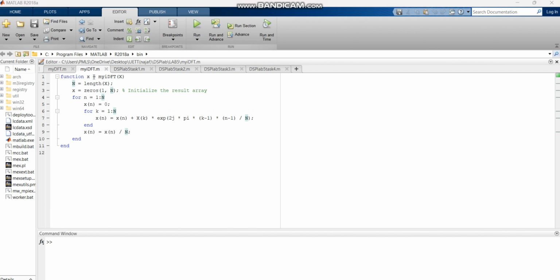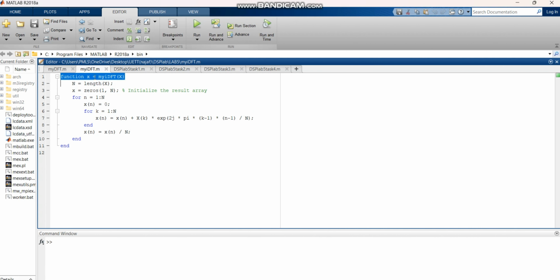Next, we created a function with the name myIDFT that takes an input vector capital X and returns the inverse discrete Fourier transform of X denoted by small x. This line determines the length of the input vector capital X and assigns it to the variable n.